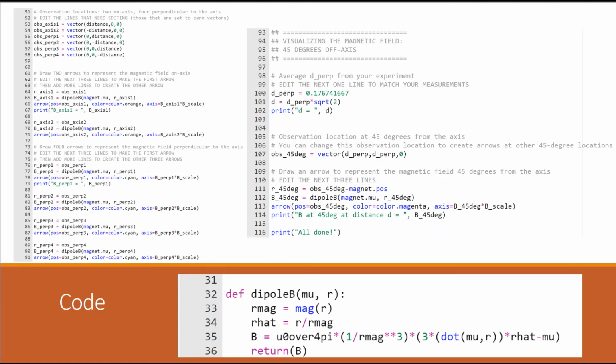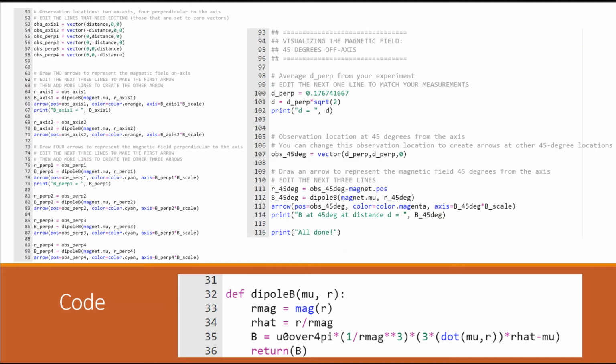So this is the code where we develop a visual representation for the magnetic field of this bar magnet. If you look at the bottom right corner, lines 31 through 36, this is where I input the very long equations for finding the magnetic field, which is mu naught over 4 pi times 1 over r cubed times 3 times mu times r hat minus mu.